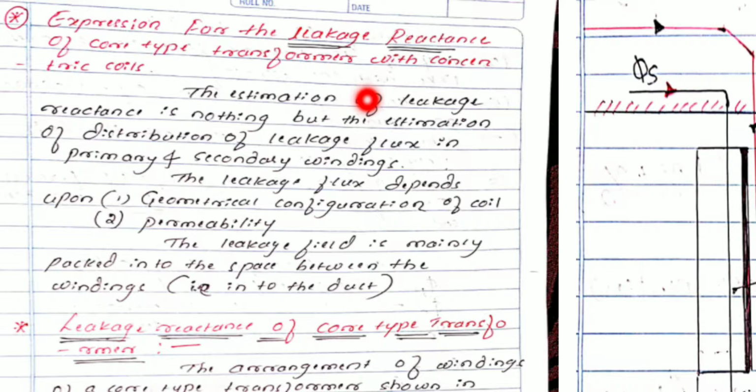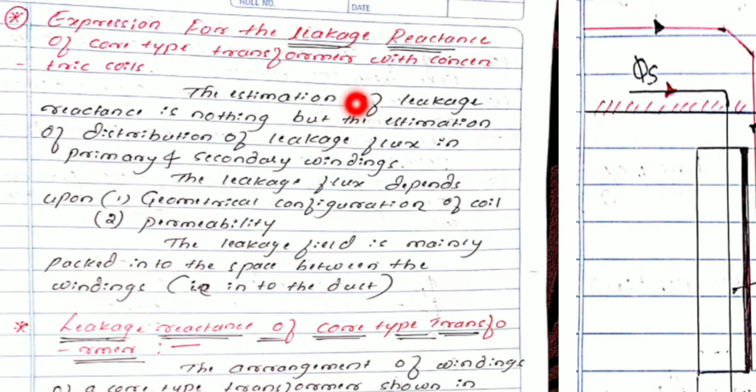Basically, there is some amount of flux which links only with the primary coil but not with the secondary coil. That is called the primary leakage flux, which helps to estimate the primary leakage reactance. Likewise, some flux links only with the secondary coil but not the primary.